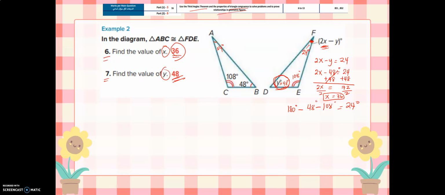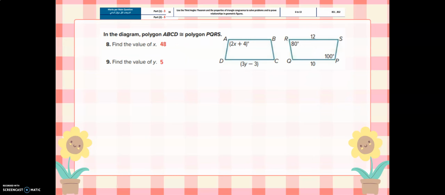Now let's try to look at this example. So we are dealing with polygons. In the diagram, polygon ABCD is congruent to polygon PQRS. Understand? So it means that A corresponds to P, and then B corresponds to Q. So where's my B?